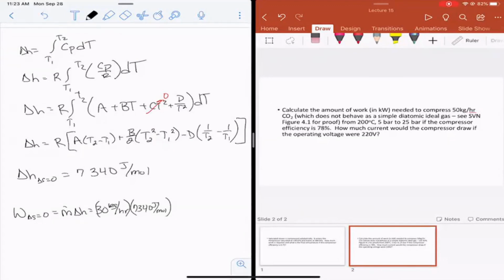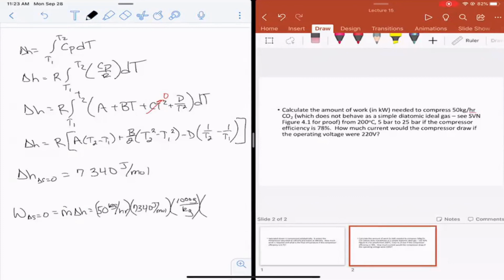Then we can do a little correction for kilograms and moles. Isn't it 50 kilograms per hour in the problem statement? Or is that from something else? Oh, I'm sorry. Nope, I tried to just remember it and I was wrong. You're totally right. It's 50 times 1,000 grams per kilogram. So thank you for that.